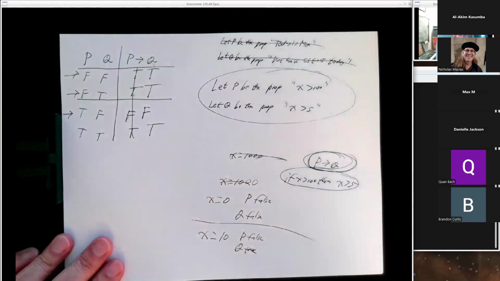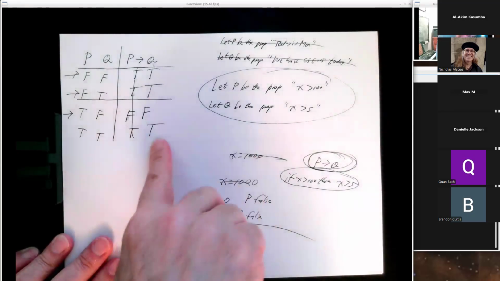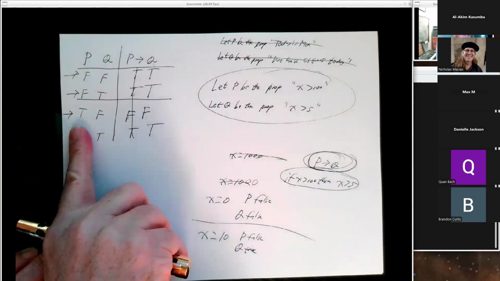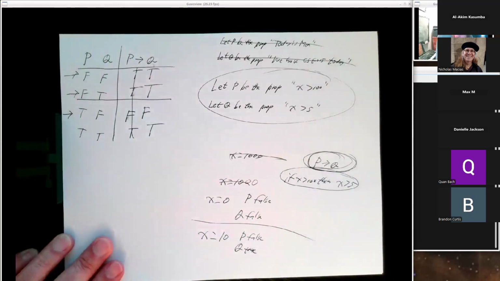So that's a specific pair of propositions that can kind of help us make peace with this quirky truth table that a conditional statement has. So a conditional statement is always true, except in this one case where the hypothesis is true and the conclusion is false.